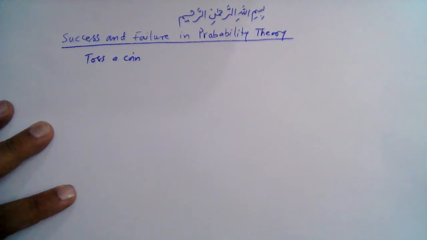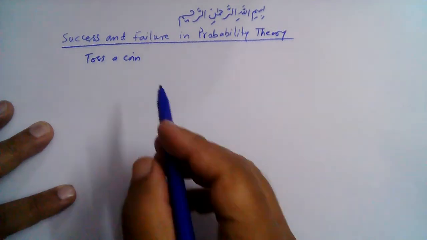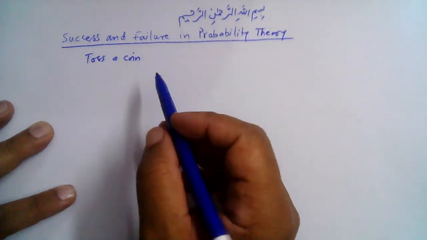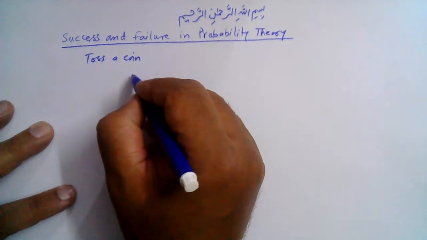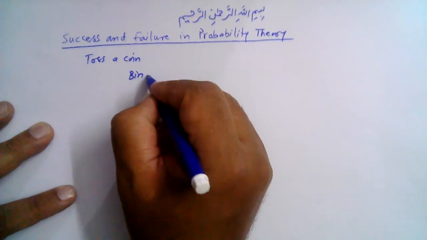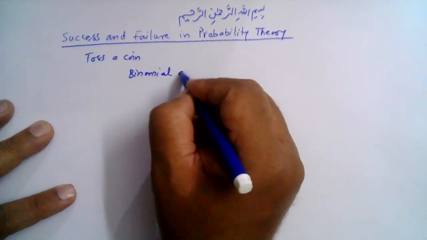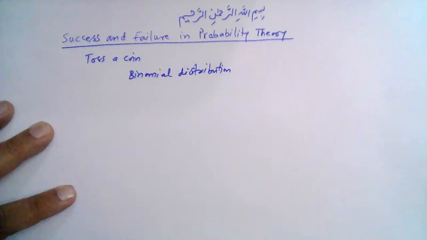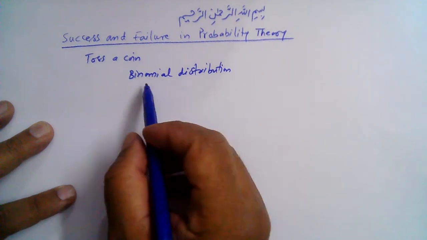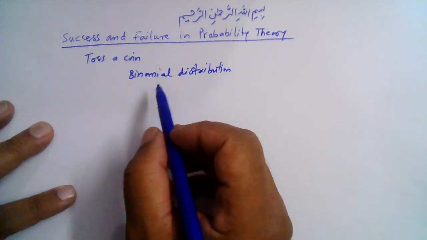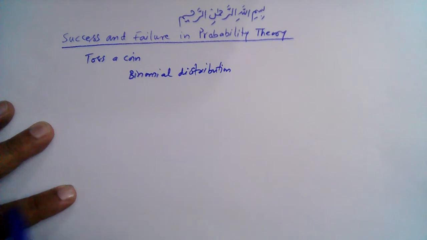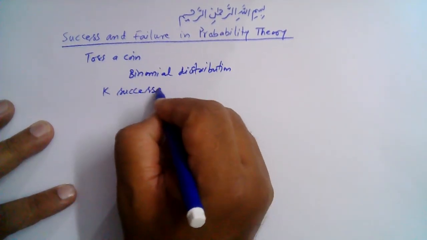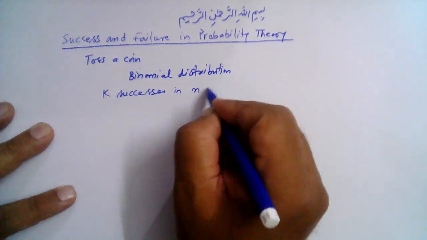To give you another example, the binomial distribution. This distribution is used to find k successes in n trials, right?